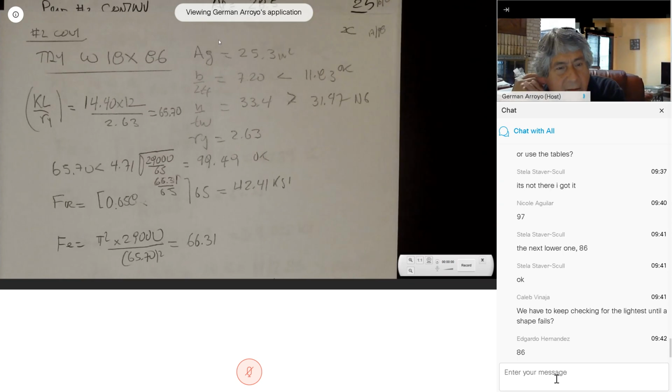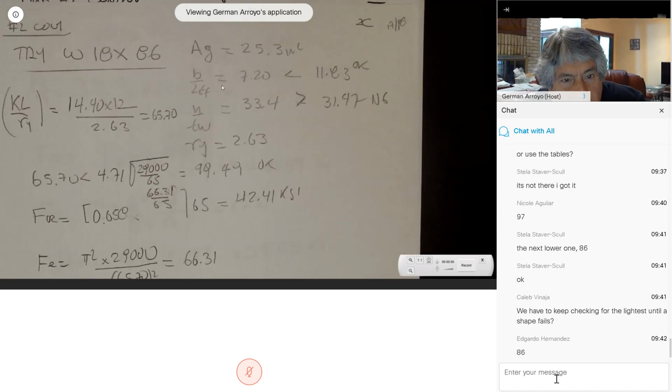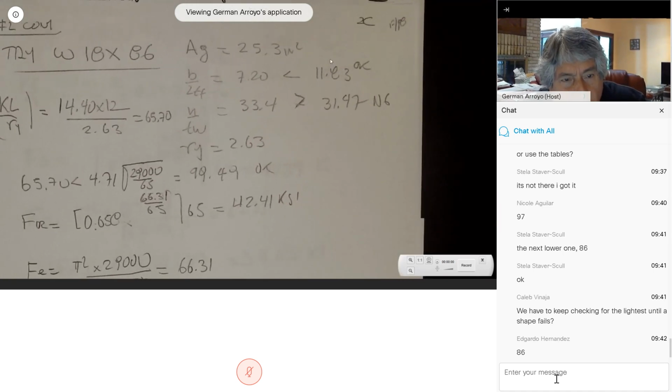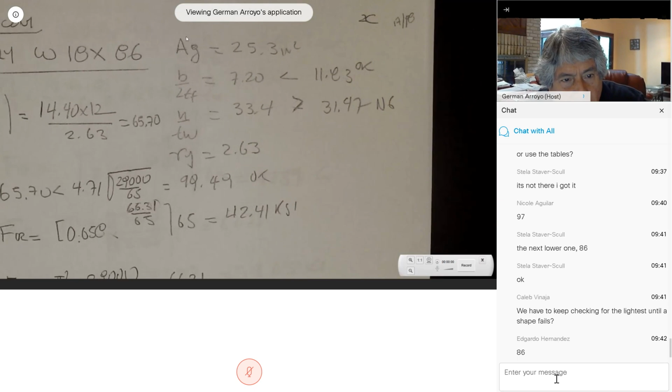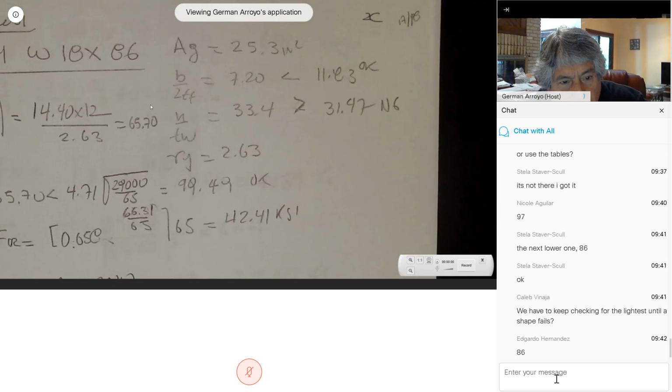W18 by 86 doesn't have anything in here on the top that tells me that there is a problem. There's not a letter C, there's not a letter F, there's nothing in here. So this information came from the code. Gross area, B over 2 times the thickness of the flange, H over TW.